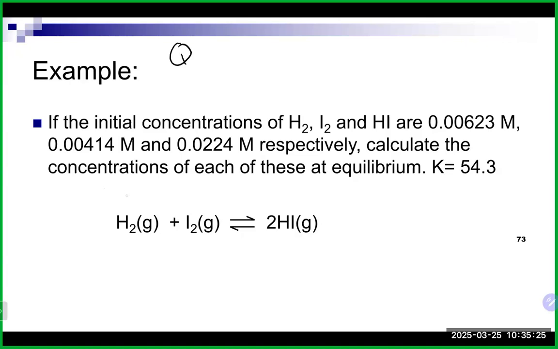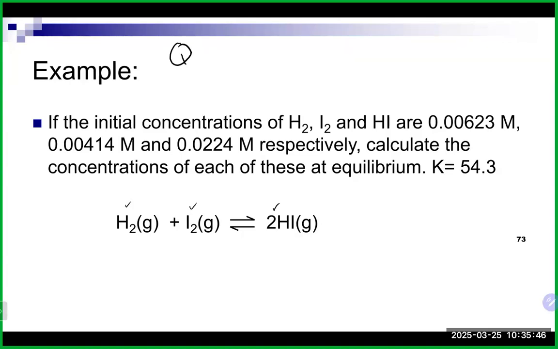We can do that because we are given the initial concentrations of everybody. My guess is it's not at equilibrium, otherwise it wouldn't be much of a problem. But more importantly, it will help us know for the change part of the table which way the reaction needs to progress to reach equilibrium.